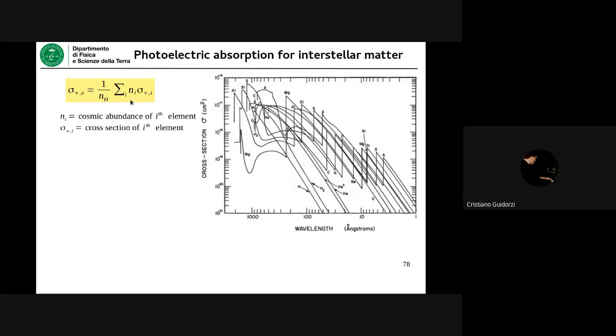So the total cross-section, as I said, is in units relative to the hydrogen abundance, because hydrogen, of course, in an astrophysical context, is the most abundant gas.